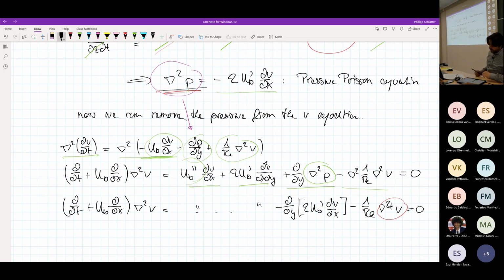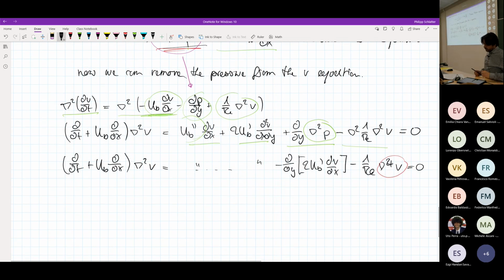Now, there's one last step that I can do, because I can realize that if I perform this derivative here, d/dy of this multiplication of ub prime and dv/dx, of course, first of all, it's a product, so I get two terms.